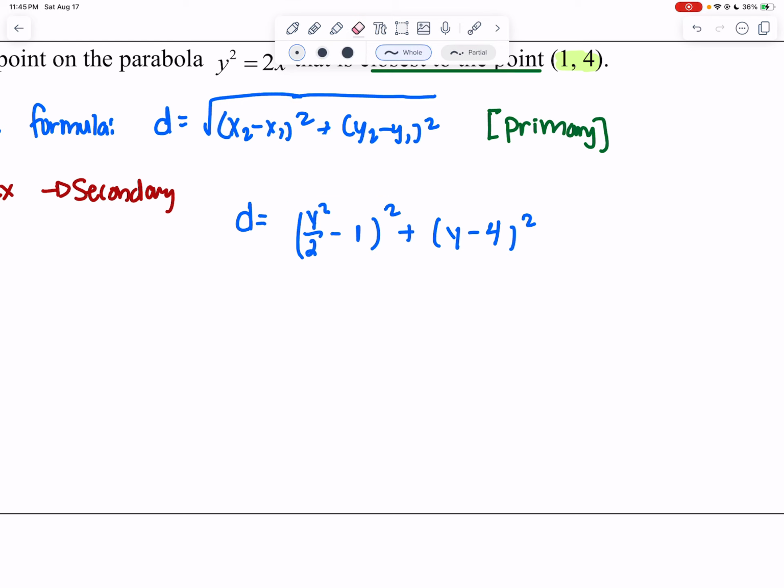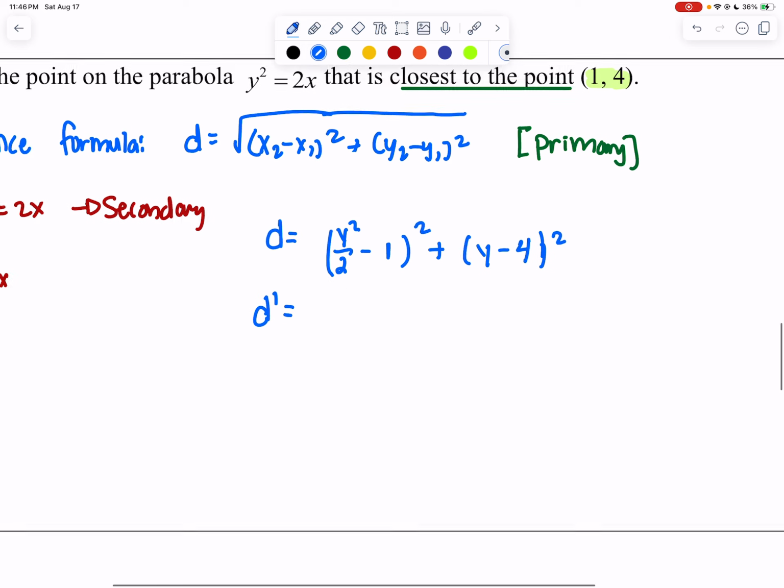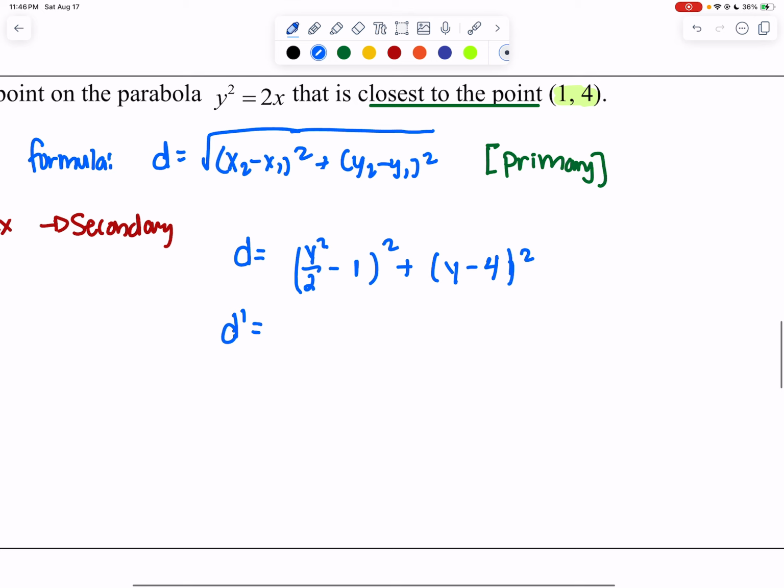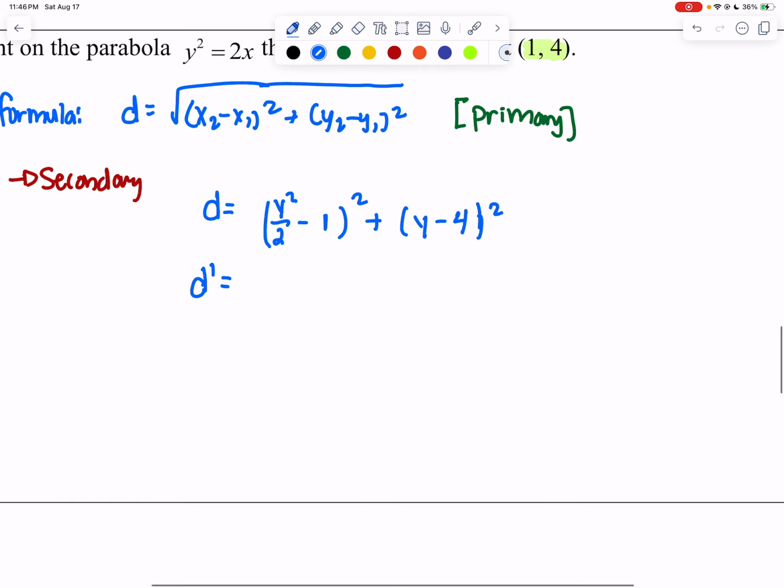Because if I take the square root away, whatever my critical point is, if I square it, it's still going to be a minimum. So we really don't care about the square root sign. I'm going to take the derivative now. And since we want closest to the point, technically what we want to find is our minimum. So that's our main goal.